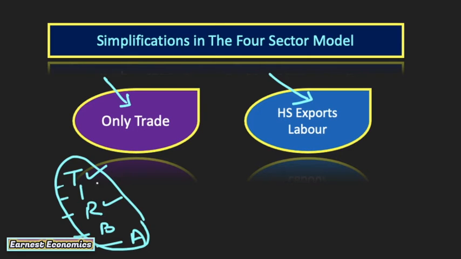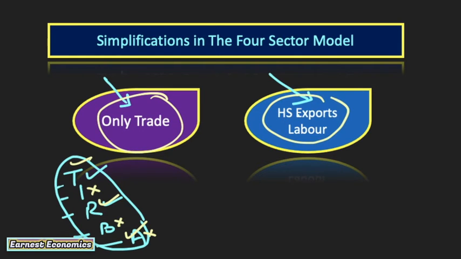We do not usually incorporate investment or borrowing or aid, etc. These components are not included, so that our model becomes simple. Now, it is possible, obviously, when we understand a simple model, we can think of incorporating all these elements into our four sector model subsequently, but generally the four sector model has only these two components included while incorporating the foreign sector.